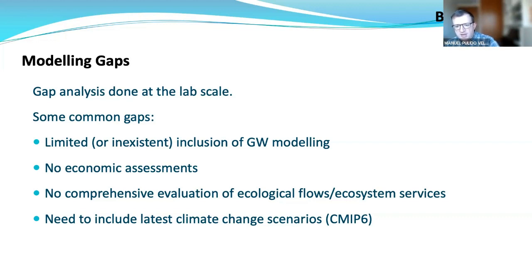There is also the lack of economic assessment, or the lack of comprehensive evaluation of ecological flow and ecosystem services. And in some cases, the need to include the latest climate change scenarios available. As you probably know, the latest generation of models is under CMIP6 from the IPCC.